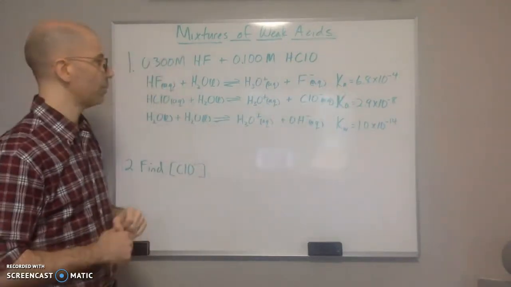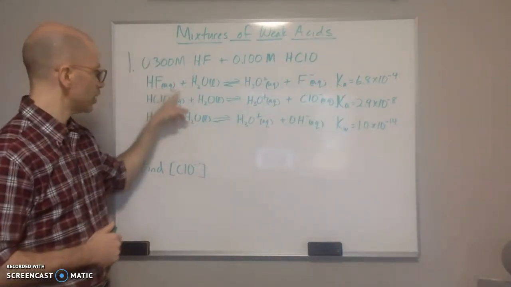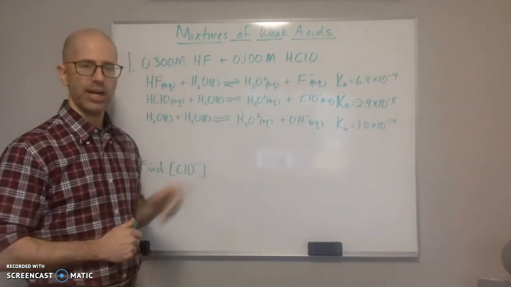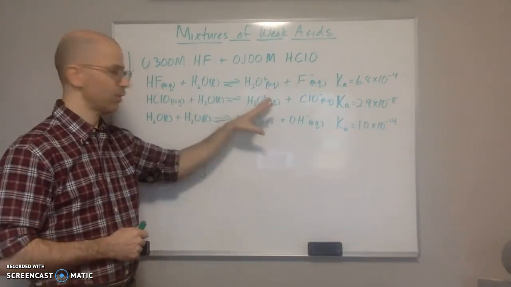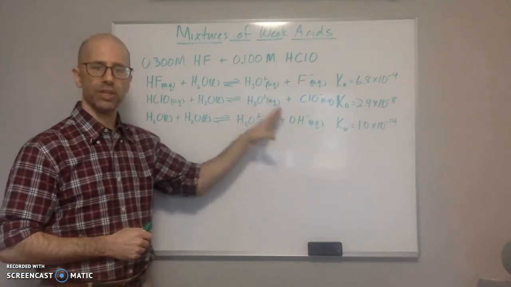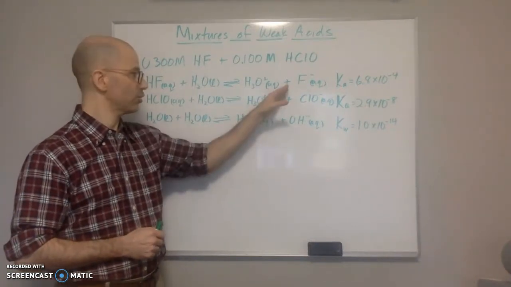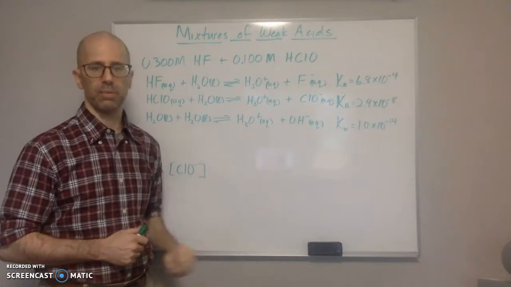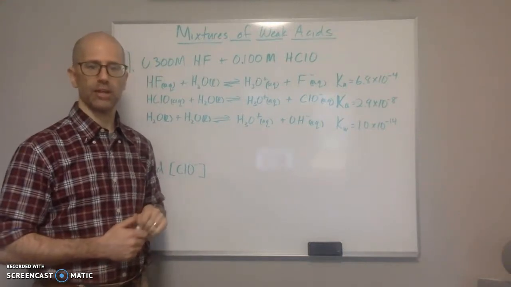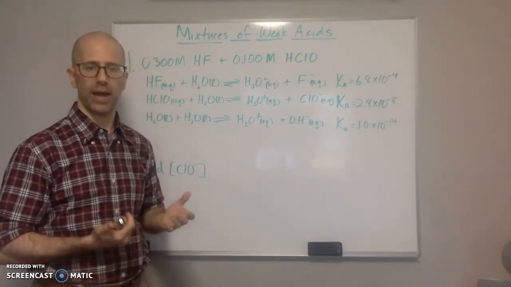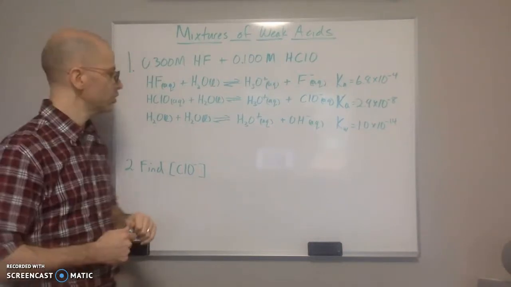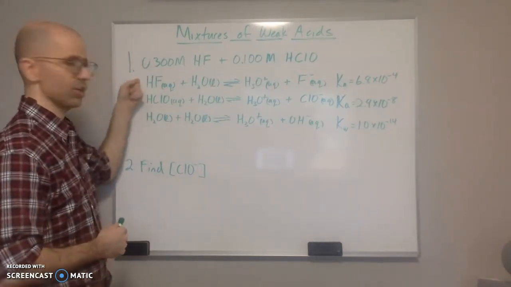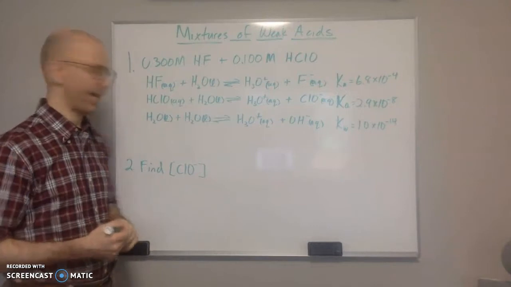So we can just focus on the HF to the exclusion of these. We can ignore their contribution because compared to HF, these are going to be fairly negligible in their contribution of hydronium ion to solution. So then we're just going to do our ICE chart looking at HF.